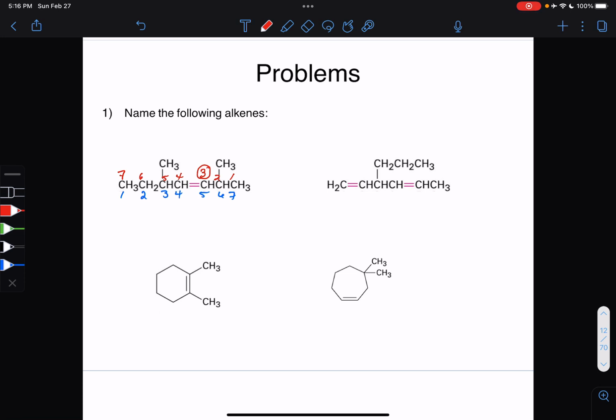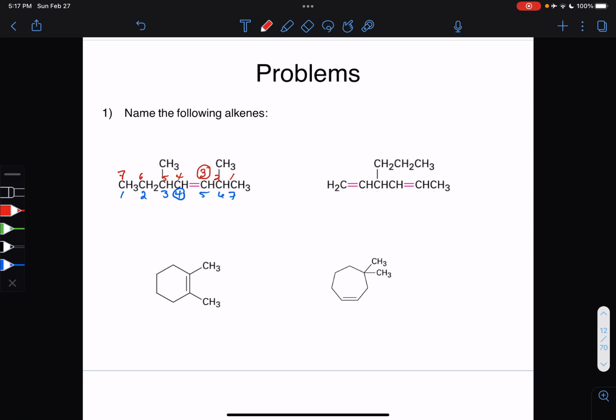So that would be the red, numbering right to left there. We would have our double bond starting at carbon number 3. Whereas if we do the blue numbering, we would have the double bond starting at carbon number 4. So IUPAC says we have to go with the red numbering.